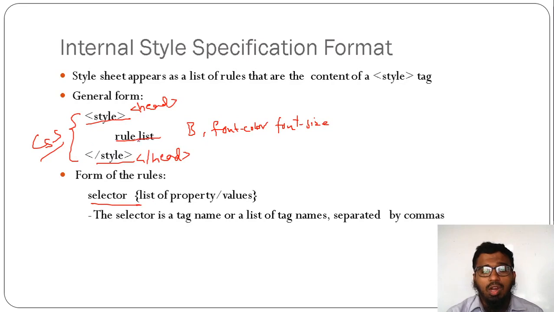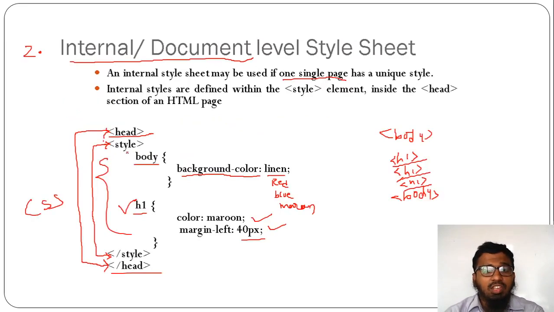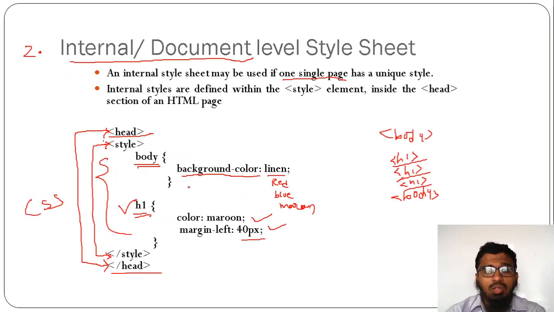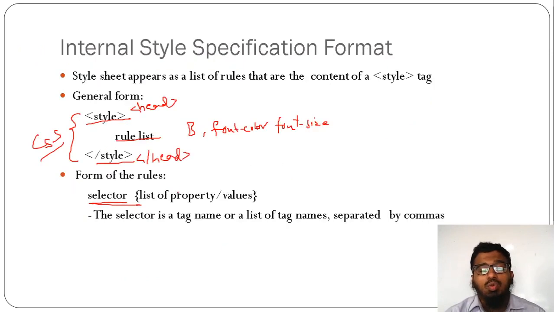What is this rule list? In the rule list there should be a selector, because in the previous example we selected body here and we selected h1 here, selector and a list of properties and values. So I have two properties, one is color, another one is margin left. So a list of the properties and values. Next, the selector is a tag name or a list of tag names separated by commas.